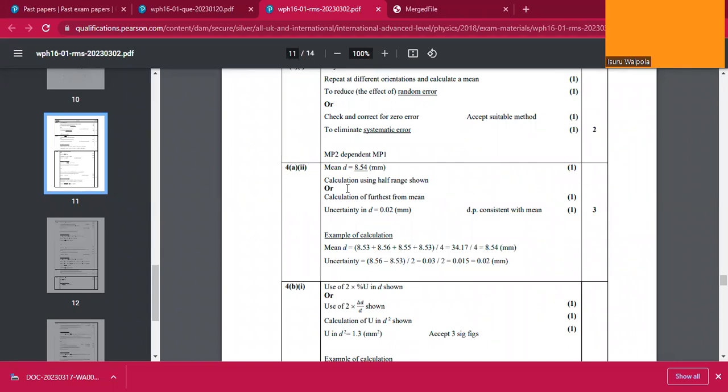Now you can see here that half range calculation is looked for. And if you want to find percentage uncertainty, you would take this uncertainty divided by the mean value into 100.